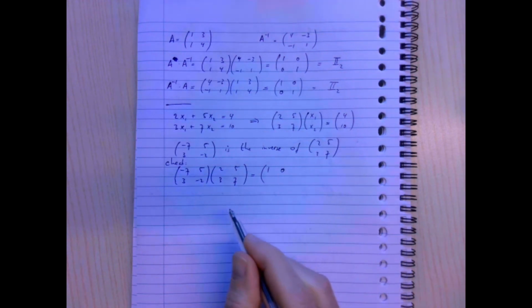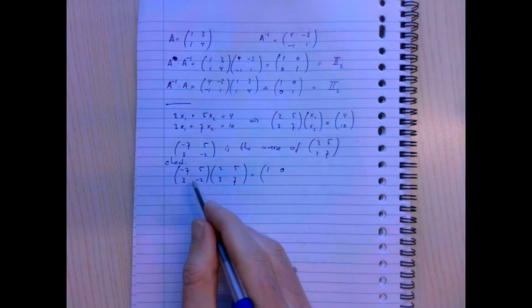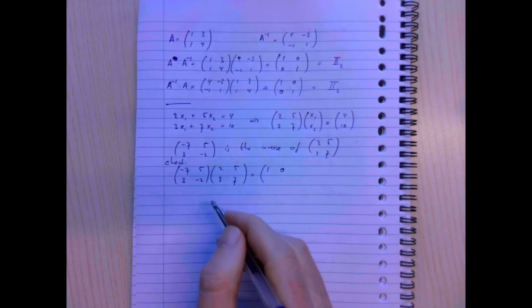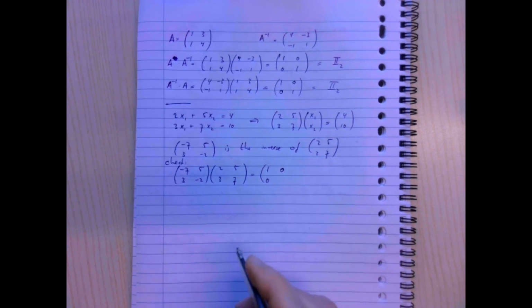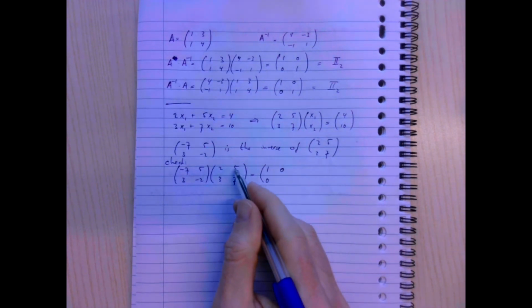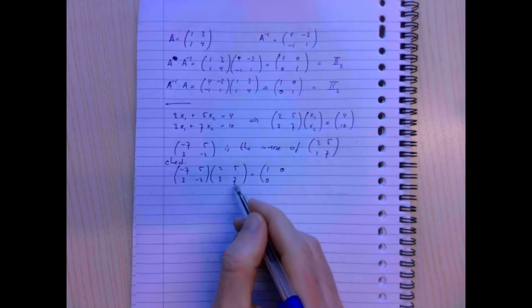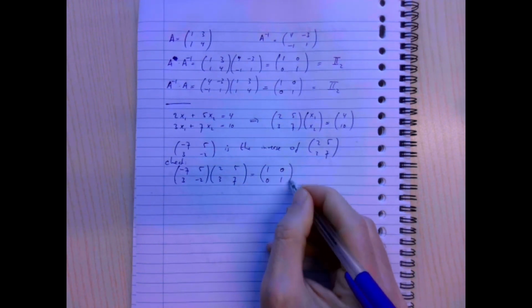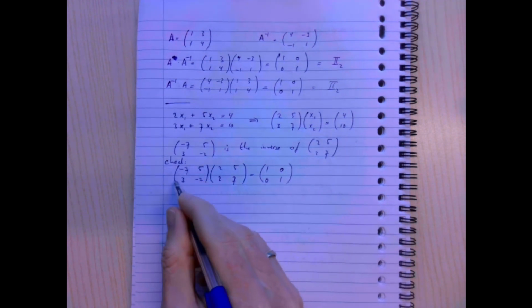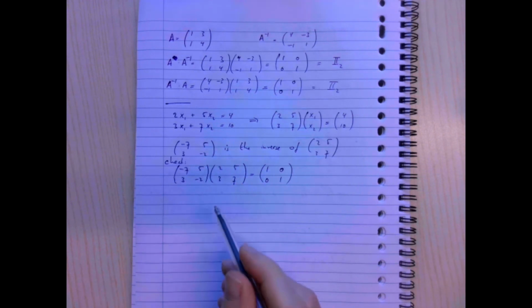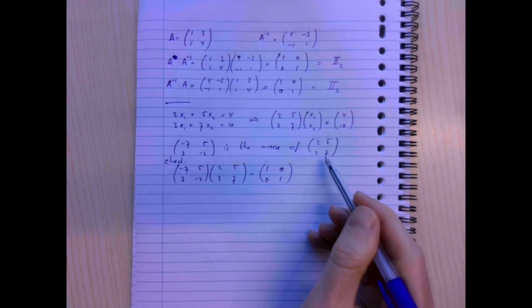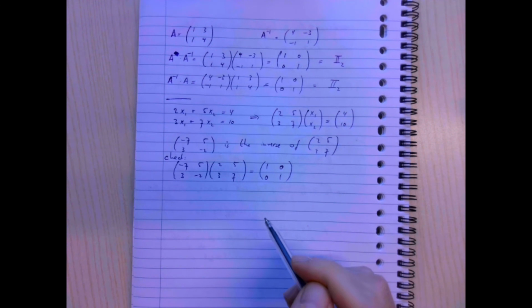That looks good. At the bottom row, 3 times 2 is 6, minus 2 times 3 is minus 6, that's 0. And finally 3 times 5 is 15, minus 2 times 7 is minus 14, that's 1. So indeed, this matrix is the inverse of the matrix that appears here.